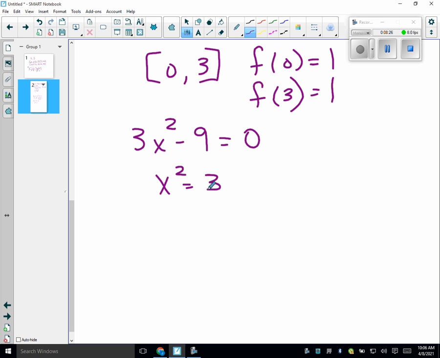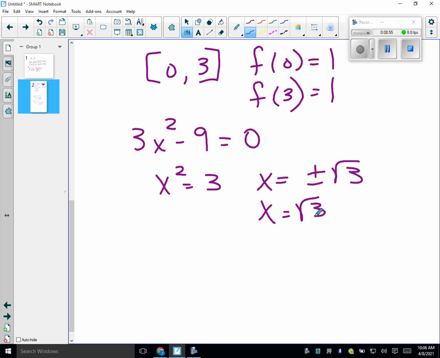What is x? Plus or minus what? But which one is my answer? It has to be in my interval. x equals radical 3. That's Rolle's theorem. We're just trying to find x and that's it.